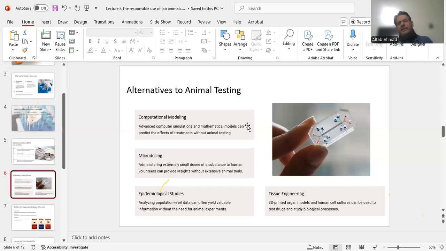Just like the example of cancer, in order to treat cancers, whether it's colon cancer, liver cancer, breast cancer, or neuronal cancer, we can grow those pieces of tissue in the laboratory and test the drugs. There are so many drugs which are resistant, even cancer drugs, in humans.